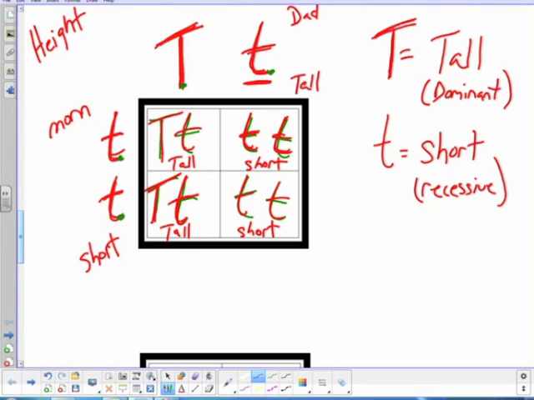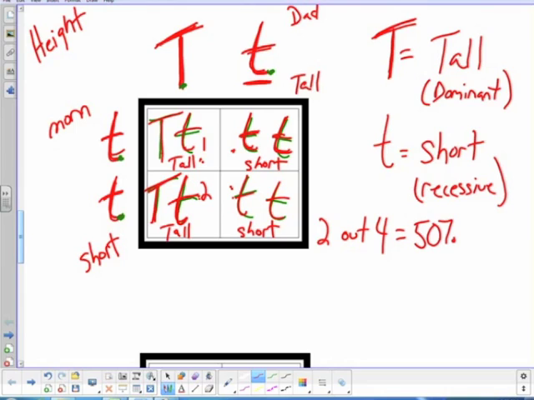So in this situation, what is the probability that the offspring will be tall? Well, I've got two talls, I've got two short. So there's two chances out of one, two, three, four. So I have two out of four, which equals 50%.